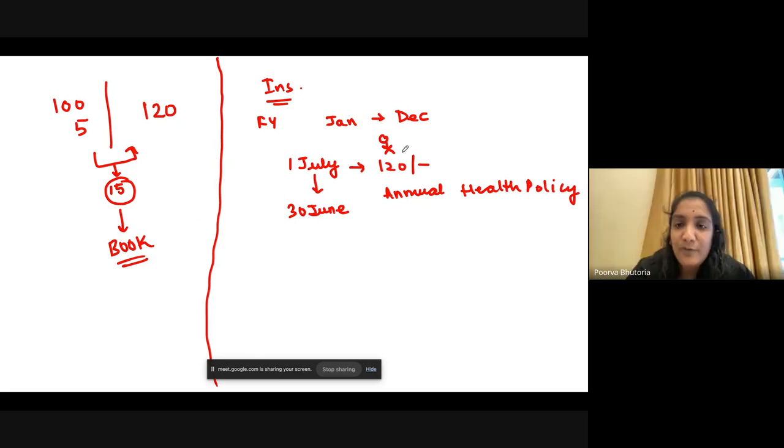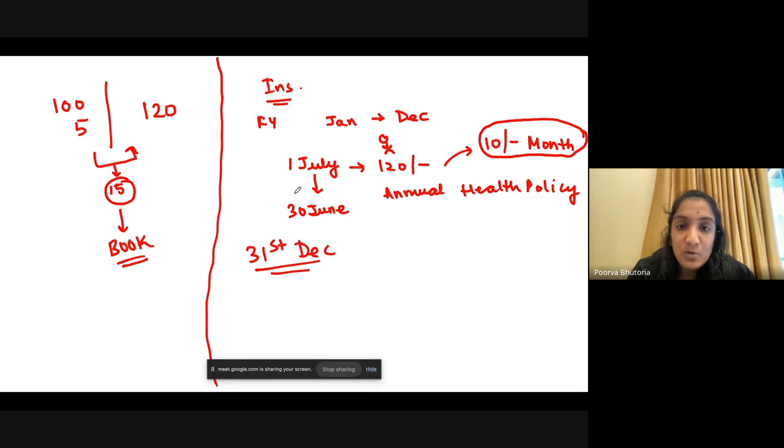So 120 for a period of 12 months roughly translates to 10 rupees per month. Now let's say we are closing the accounts on 31st December. So far, 6 months have elapsed and 6 months are remaining.